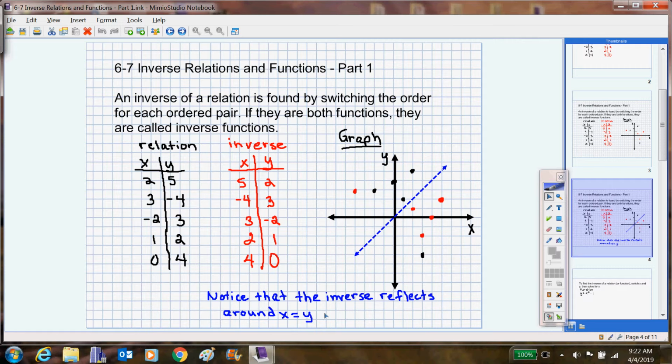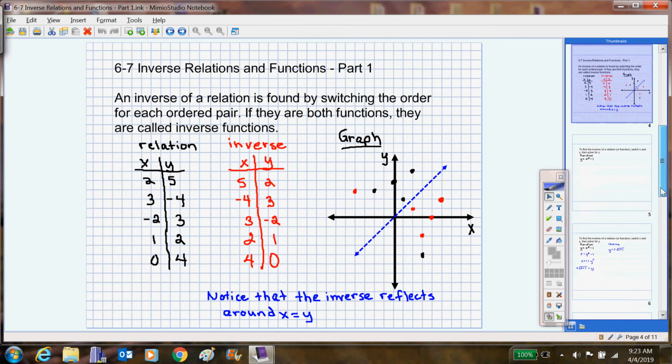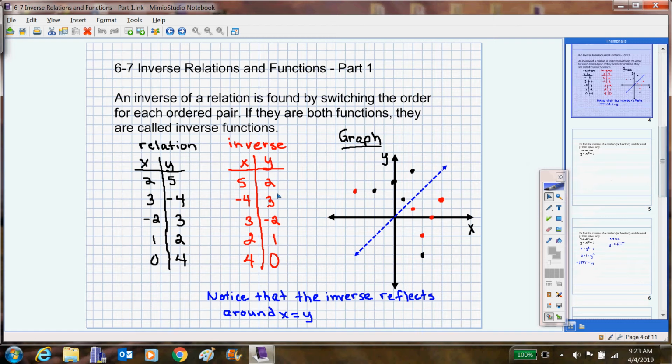Even if you thought about it as y equals mx plus b, y equals 1x plus 0, up 1 over 1, all the different ways you can think about a graph. There's our axis of symmetry that goes right along there. So if you folded it right along there, thank you for noticing that, all. I know that it was good that you noticed it before I actually said it. But that's our relationship between the relation and its inverse, just switching the x and y's back and forth like that. So you can do that with a set of ordered pairs that are listed like this.